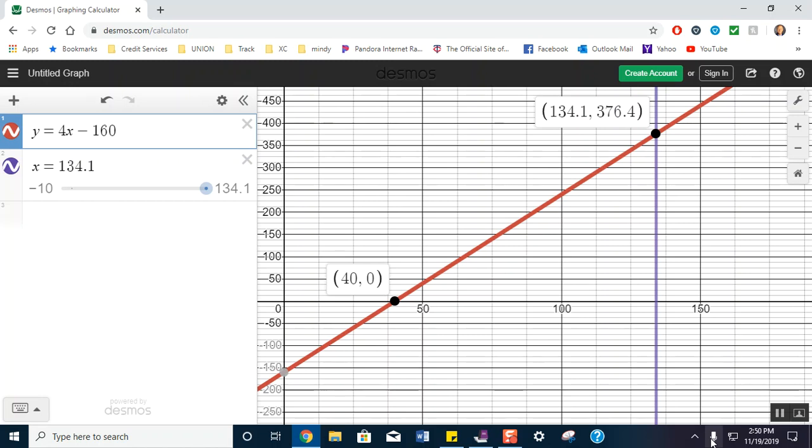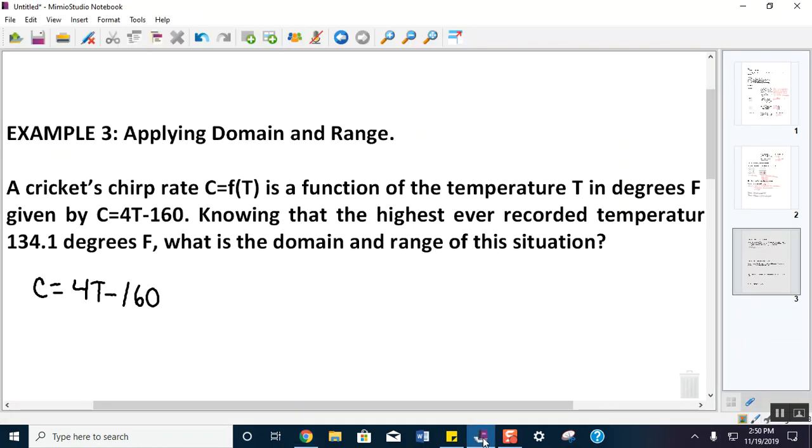So guys, from this graph, what was the domain again? Let me grab my marker here. What was the domain again from where to where? 42. Okay, so I'm going to write my domain up like this. My domain is going to be all x values from 40 up to 134.1.